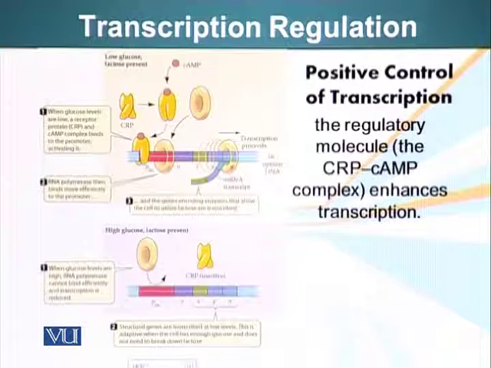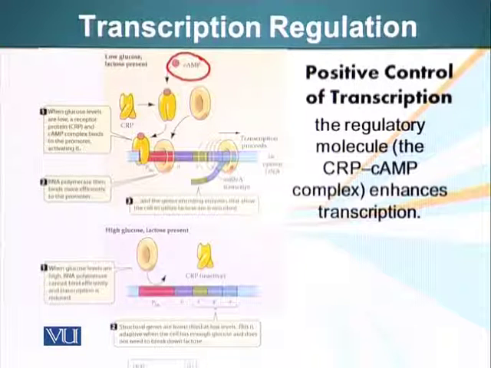What if bacteria has some glucose but very low glucose, and it has abundant lactose? When glucose levels are low, it results in production of a molecule called cAMP. It is cyclic adenosine monophosphate. We already know what ATP is, so we also know what AMP is.